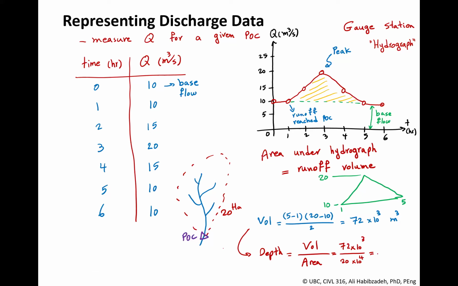And this will be, if I did the calculation right, 0.36 meters of depth. So it means over 4 hours, we received 36 centimeters of rain. You could even go further, and you could say, okay, I'm gonna take 36 divided by 4 to get an average intensity. But in reality, we know that rarely is the intensity uniform with time.